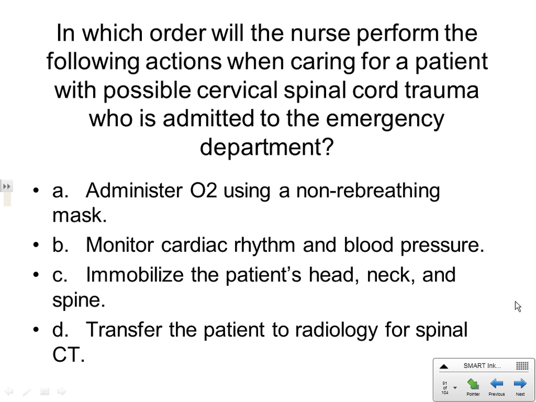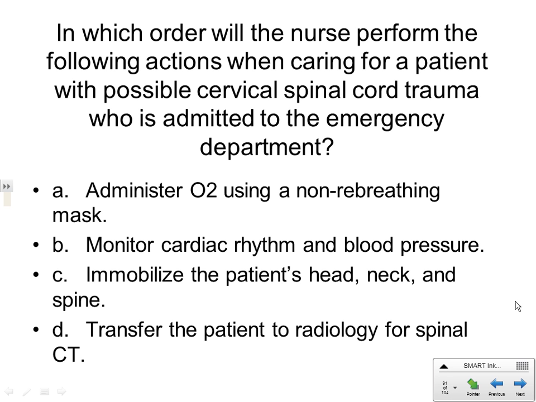In which order will the nurse perform the following actions when caring for a patient with possible cervical spinal cord trauma admitted to the ED? So this is not a clicker question where you have to tell me what we're going to do first. Immobilize the head, neck, and spine. Why are we going to do that first? Right, because if it's a cervical spine injury and we don't stabilize that spinal injury, what can happen?